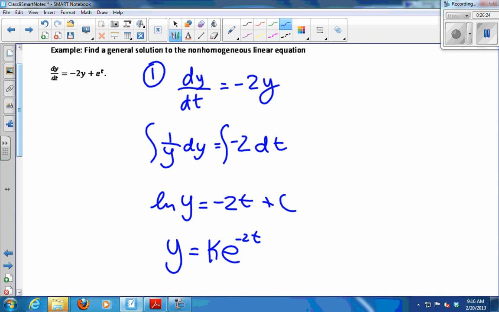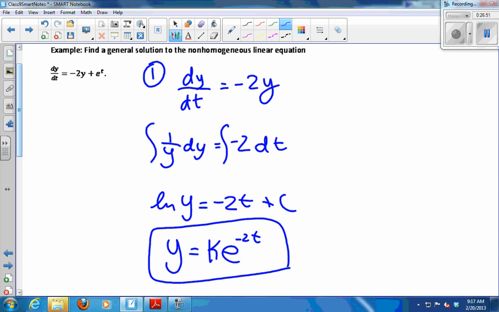So halfway there, I have the solution to the associated homogeneous equation. This is half my general solution. Now I have to find a particular solution, just any function that will make this differential equation true. If I can find one, I can create the whole family by adding it to this guy.